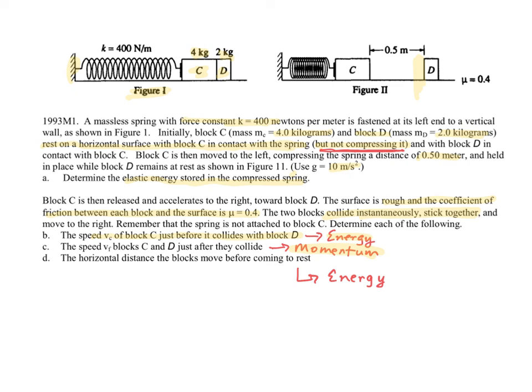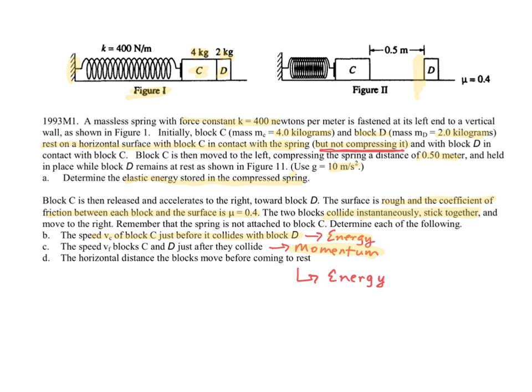The last part of this is the horizontal distance the blocks move before coming to rest. So as they come to rest, it's a question of how much of the initial energy they have when they were moving together is present when they stop.